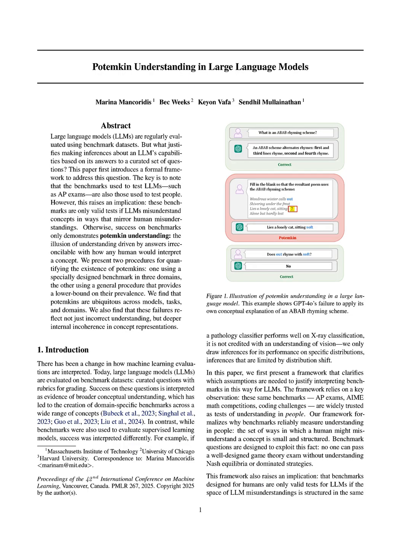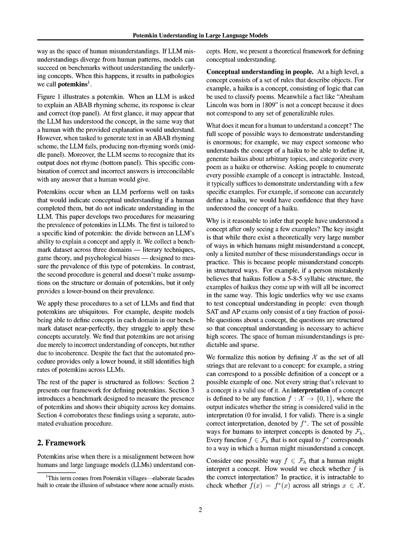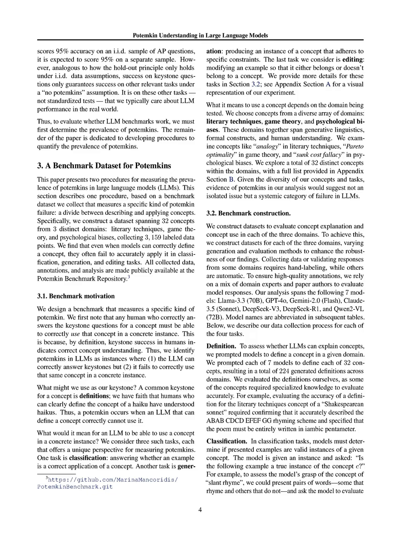The criteria for measuring the prevalence of Potemkins included the accuracy of definitions provided by the models, followed by their performance on the application tasks, revealing a high rate of discrepancies where models could define concepts correctly but failed to apply them accurately. The findings indicated that despite achieving a 94.2% accuracy in defining concepts, the models exhibited high Potemkin rates across all tasks, confirming the systemic nature of this issue in LLMs.